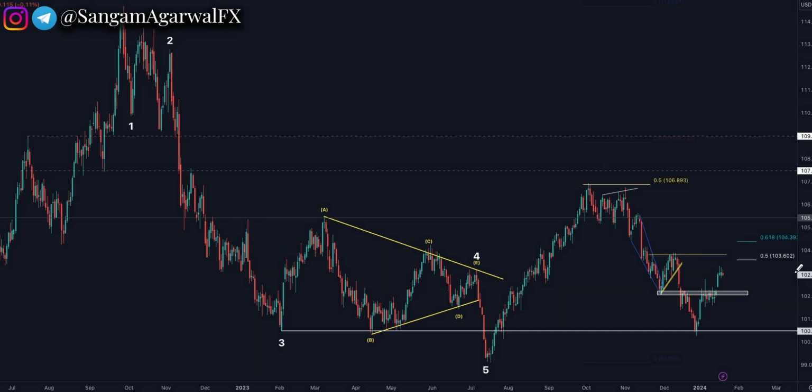So long term, for the next several months, you can expect the dollar sideways near the 103 level. After the rate cut begins, then we will decide where it will go next, because right now they are attacking on March FOMC rate cut. So sideways dollar: above 102, below 104.